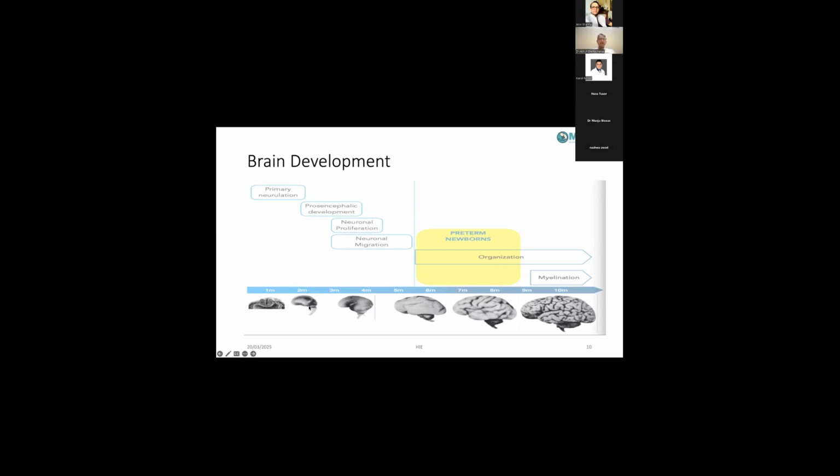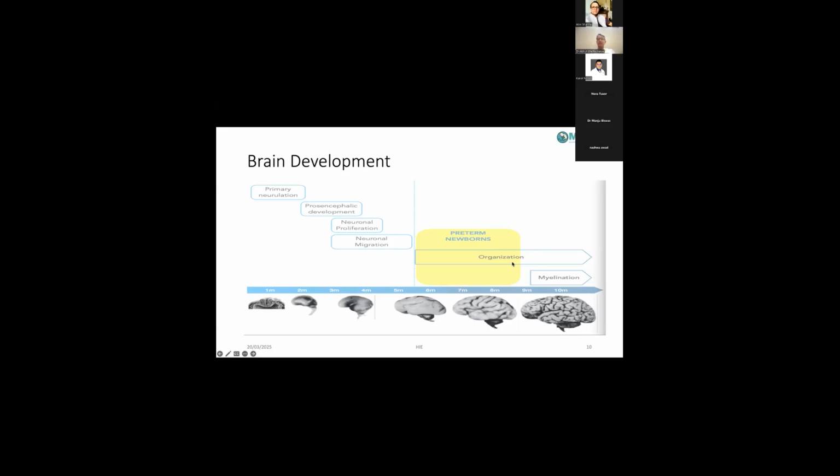And there's early prosencephalic development, and there's neural proliferation and migration. And you can see it's quite a smooth brain until 6 to 7 months of age. We are right in this part, the preterm and the near-term newborn babies, where most of the time there's an organization that's happening.